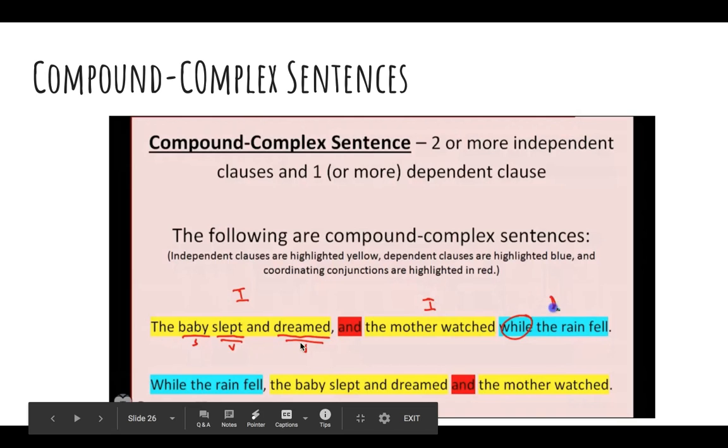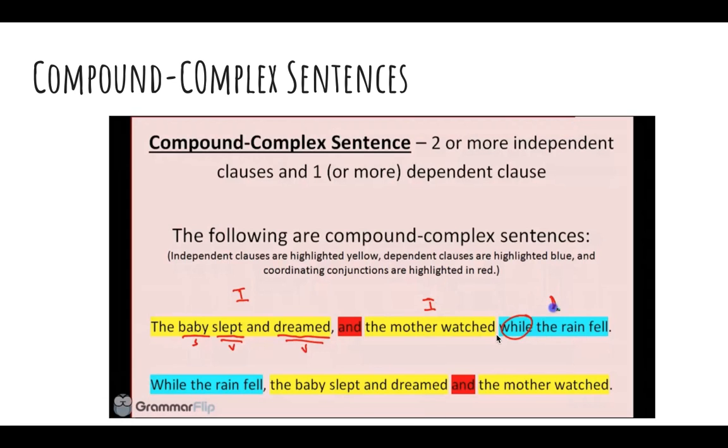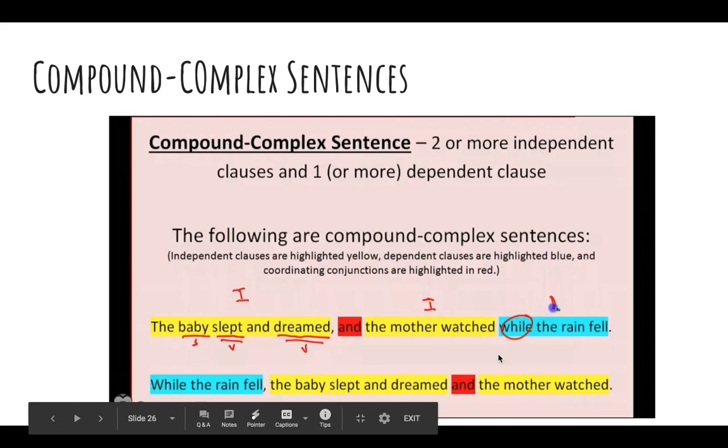So the baby slept and dreamed, and the mother watched while the rain fell. This is an example of one where you didn't need a comma to separate the dependent clause and the independent clause. While the rain fell, the baby slept and dreamed, and the mother watched. In this case, you did need the comma here.